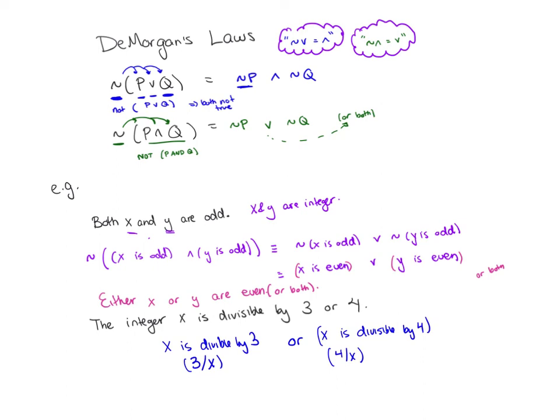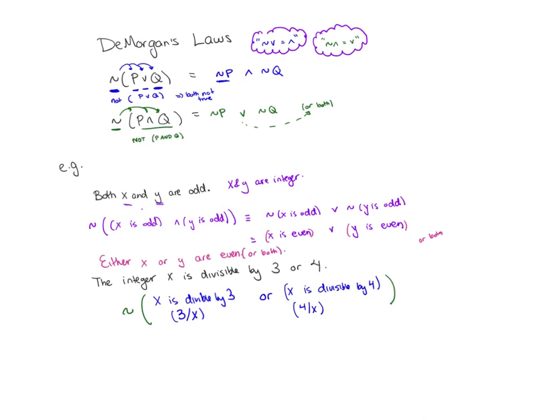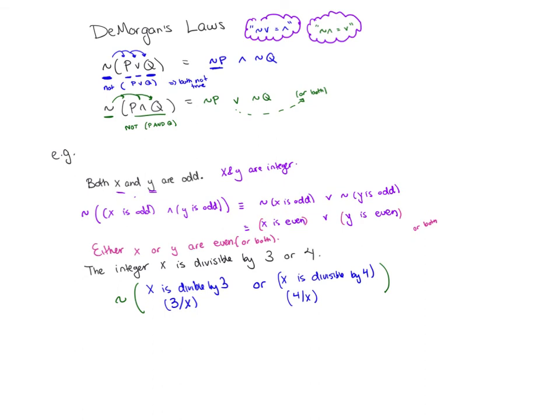So if it's not the case that x is divisible by 3 or x is divisible by 4, then x is not divisible by 3, so 3 does not divide x, and then I negate this, and x is not divisible by 4.